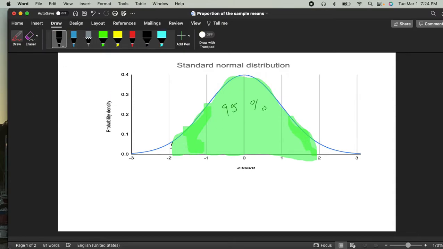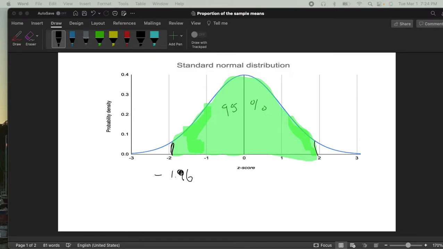Our answer is 1.96 standard deviations from the mean. Does that look like a 9? Probably not. So negative 1.96 and positive 1.96. Okay, so that is our answer.